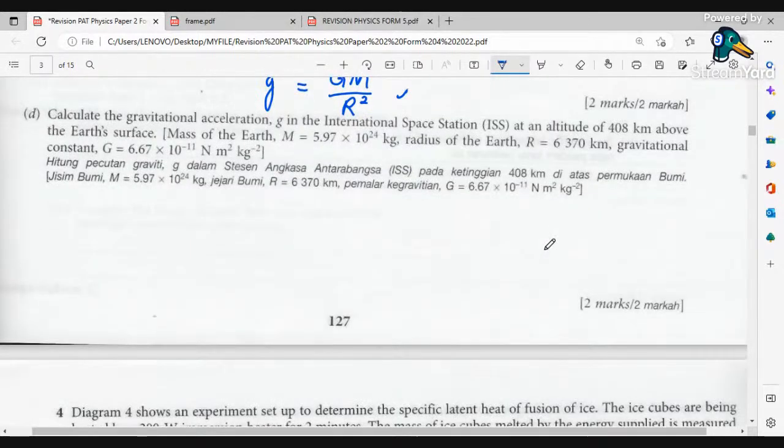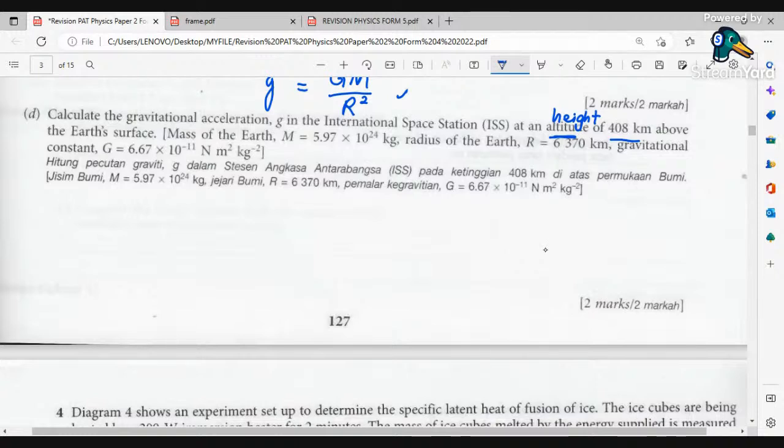Part D ya. Calculate the gravitational acceleration in the ISS. Altitude, maksud apa? Height, ketinggian. 408 kilometer above the Earth's surface, given the mass of Earth, radius of Earth, and gravitational constant.